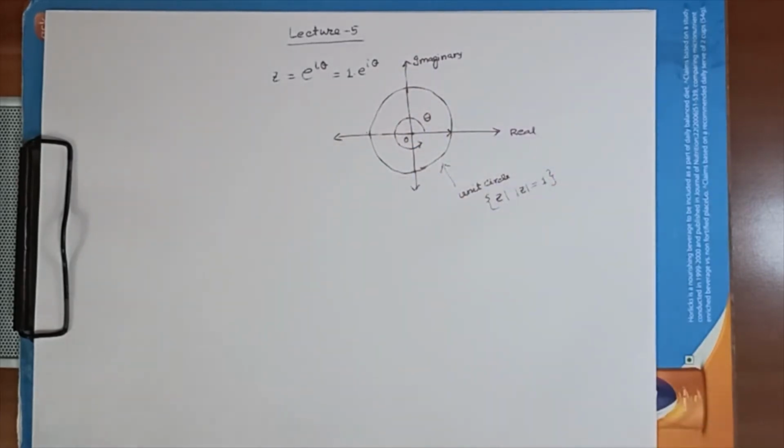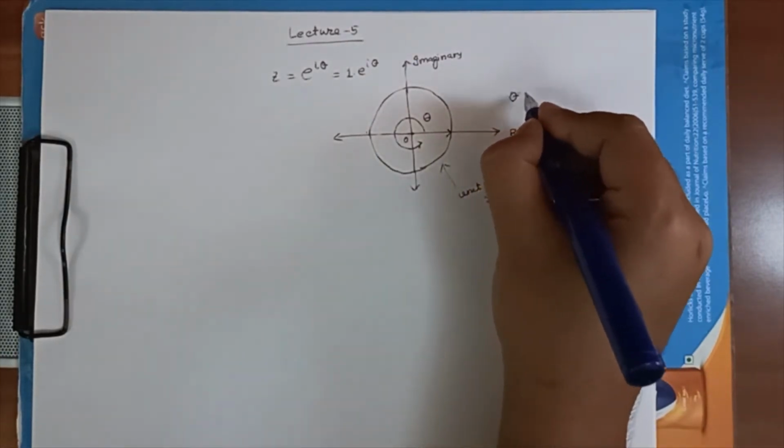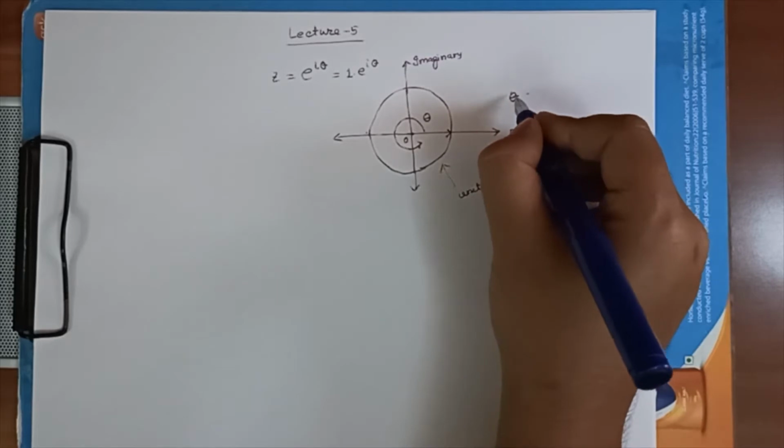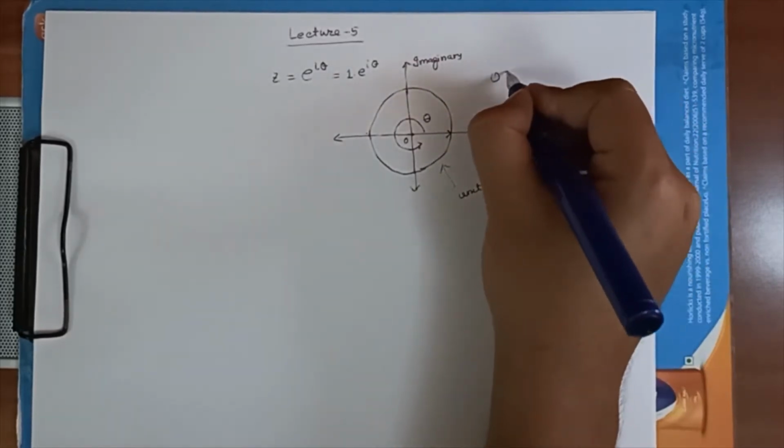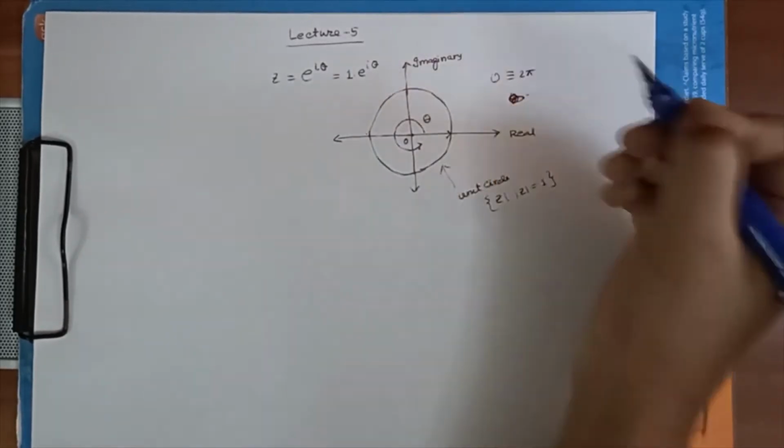We can clearly see that this angle is modulo 2 pi. Whenever you cross 2 pi, it subtracts 2 pi from the angle, and you will always get theta between 0 and 2 pi, because 0 is equivalent to 2 pi in the modulo sense.